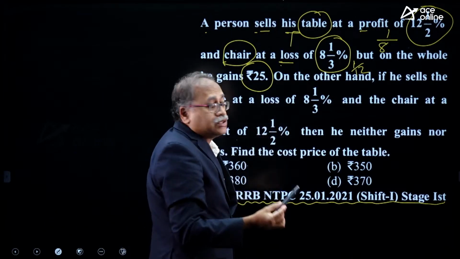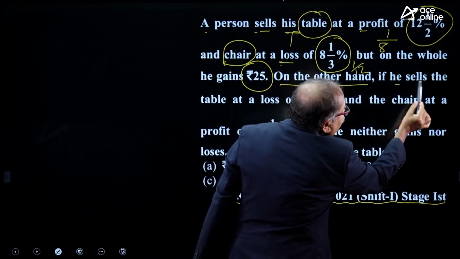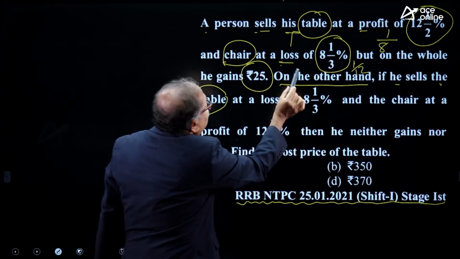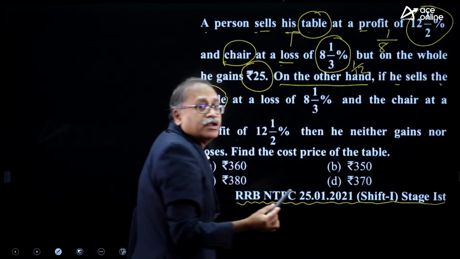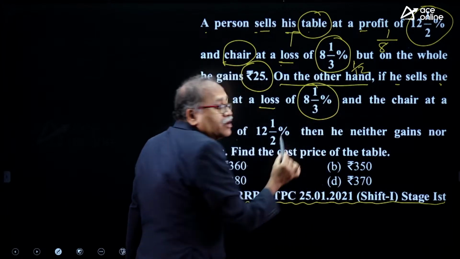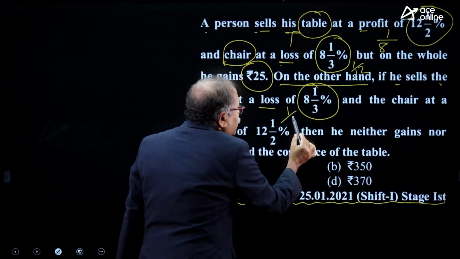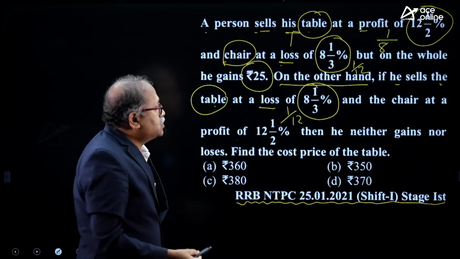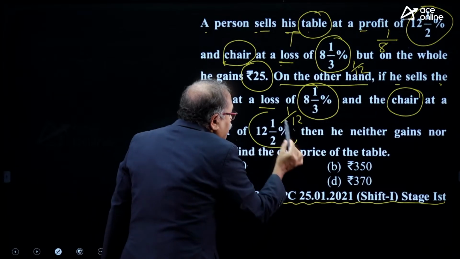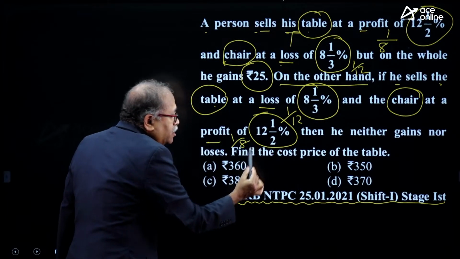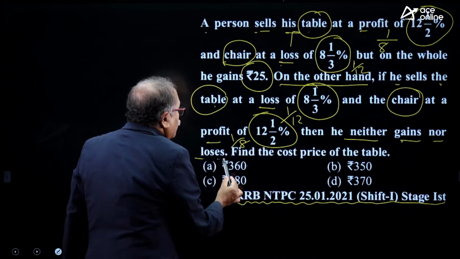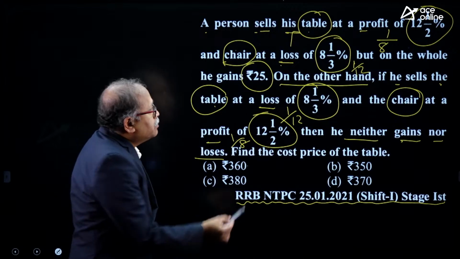Now another equation is there. On the other hand, if he sells the table at a profit of 12.5%, and now if he sells the table at a loss of 8 1/3, that is nothing but 1/12, and the chair at a profit of 12.5%, that is nothing but 1/8, then he neither gains nor loses. Are you understanding the impact of this?